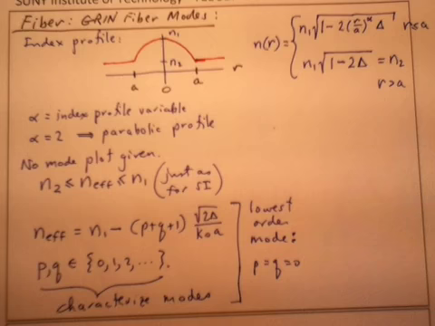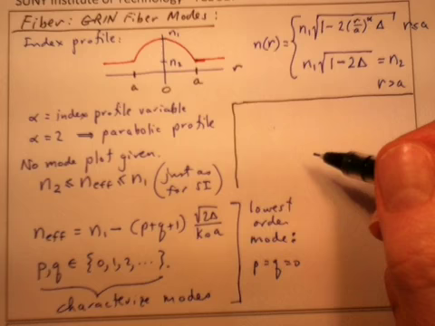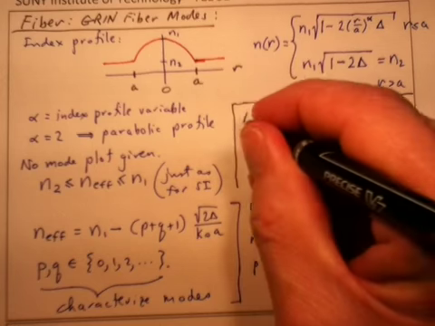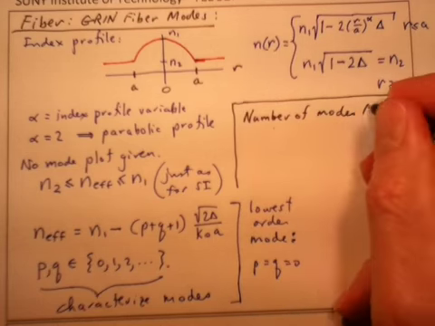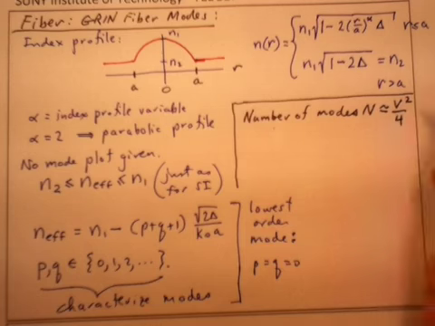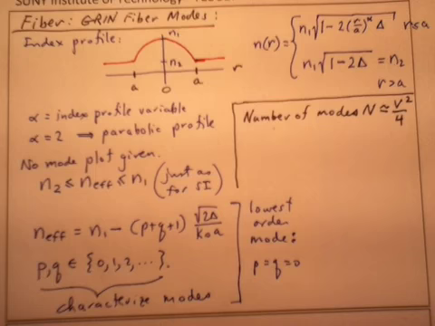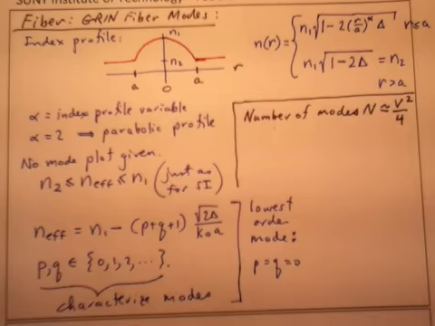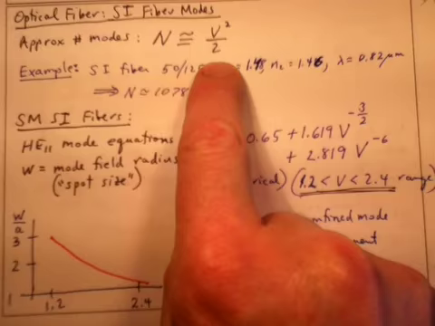The number of modes: remember for the step index fiber we had an equation which gave us the approximate number of modes. We can do the same thing here. N is approximately equal to V squared over 4. Aha! This helps us to understand why GRIN fibers are used for multimode applications. If we go back to the equation for the number of modes for a step index multimode fiber, it's V squared over 2.